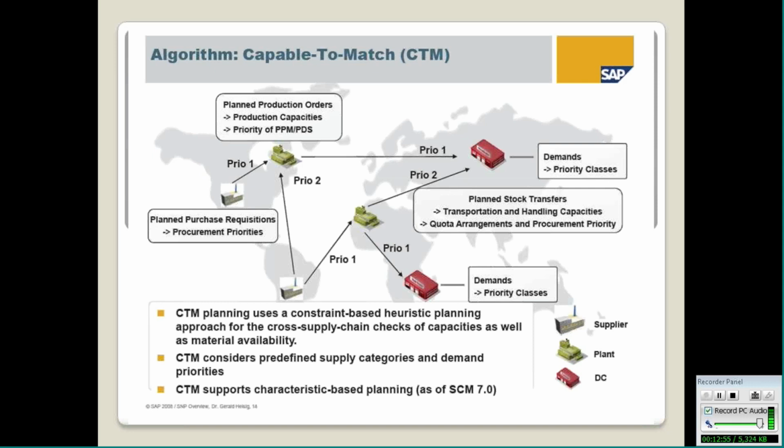It means whatever the total demand, we can set the priority. In the total demand we have the sales orders, forecast and, for example, quotations. So here I can give the priority.